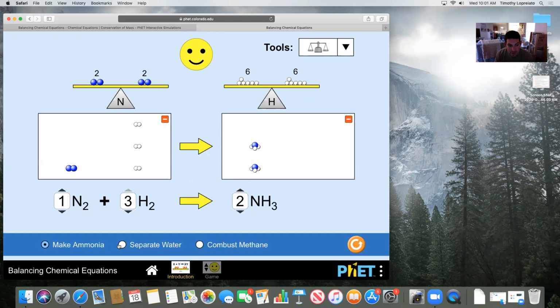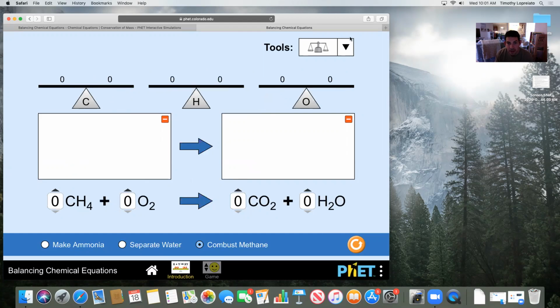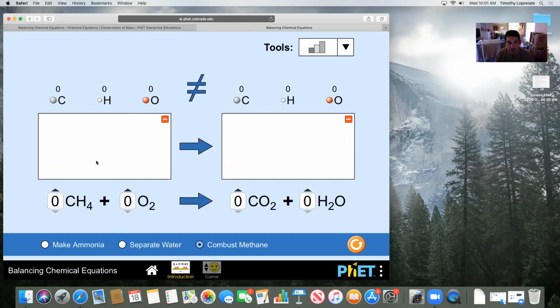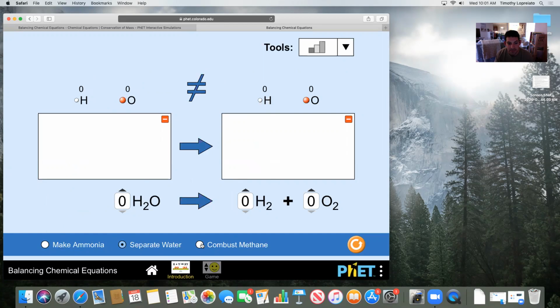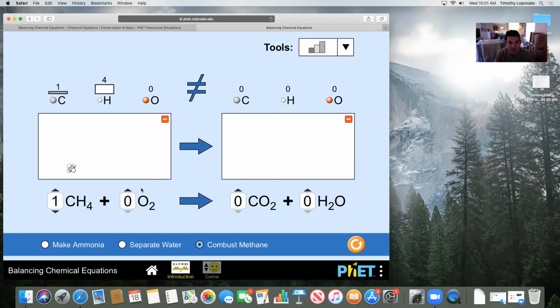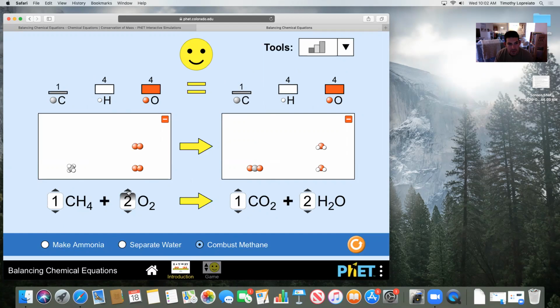There's 3 reactions you could look at, and you can manipulate the different tools. If you want to have the charts, it'll show you exactly what's going on. As you add stuff, you'll see in the chart, does it look like it makes sense, right? And once it's balanced, it will show you that everything is equal. So all the heights are equal, you get that smiley face. If you want to play around with this, that is the introduction.